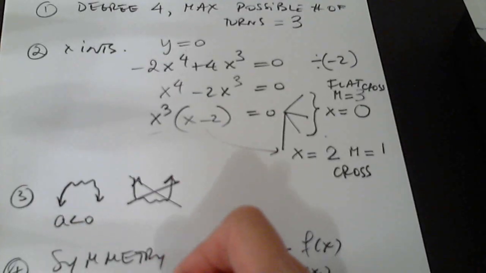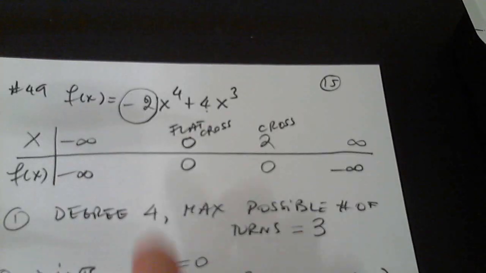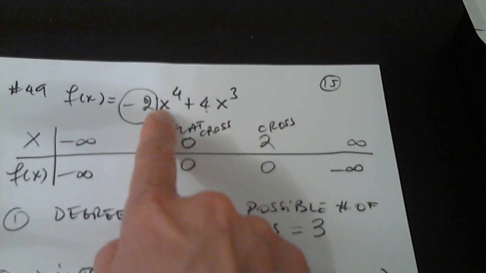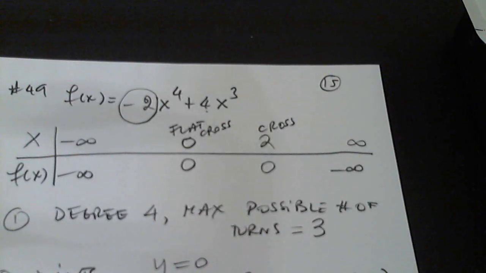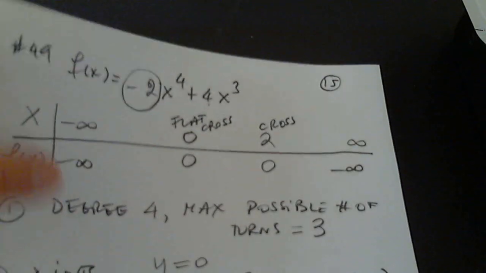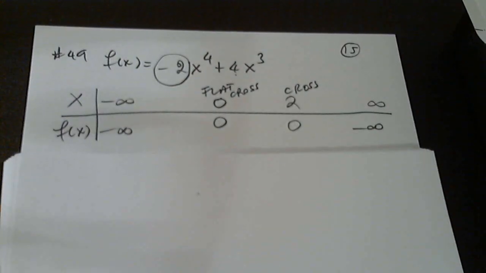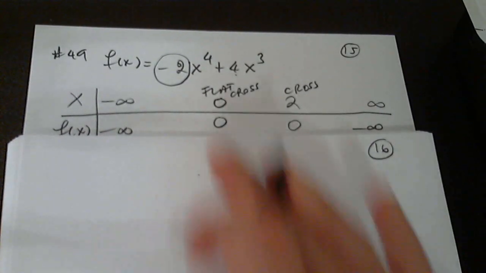None. Because one is degree 4, the other one is degree 3. So this will not change, but this will. So not symmetric. Let's see what we come up with from what we have. And then we'll discuss it.